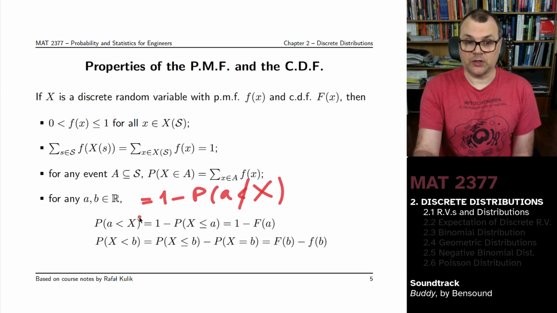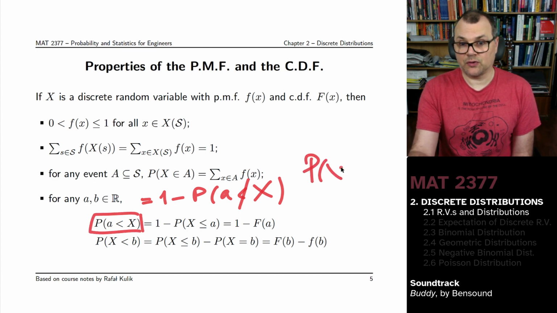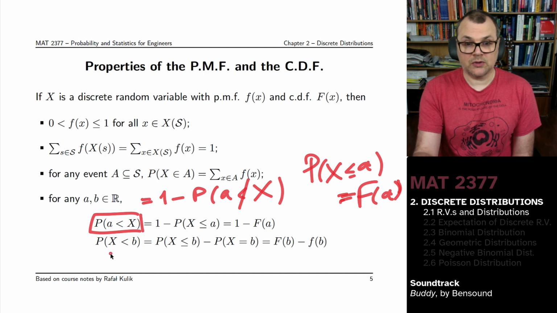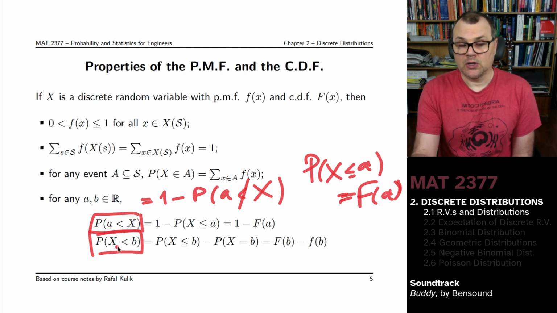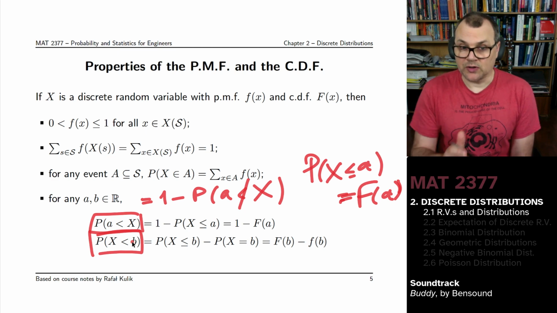So you can compute expressions of this form. What about expressions of this form? This you already have. That is big F at A. That's good. And you can also compute expressions that look like this. What's the probability that the random variable takes on a value strictly smaller than a number?